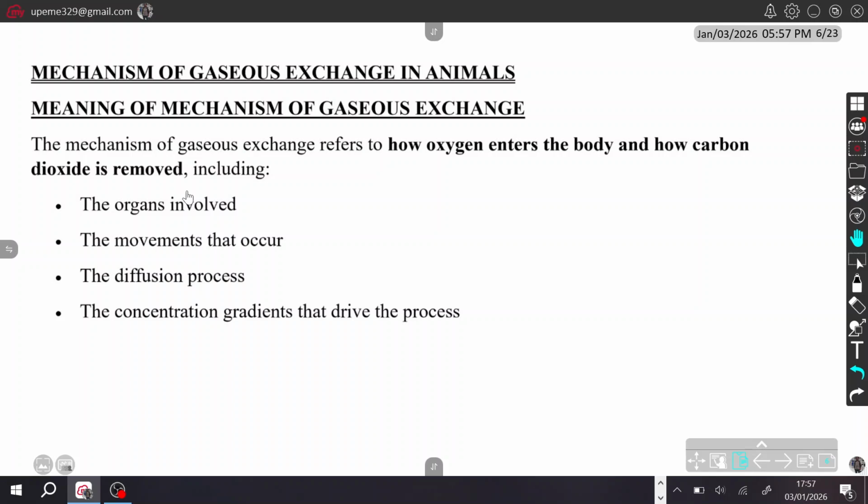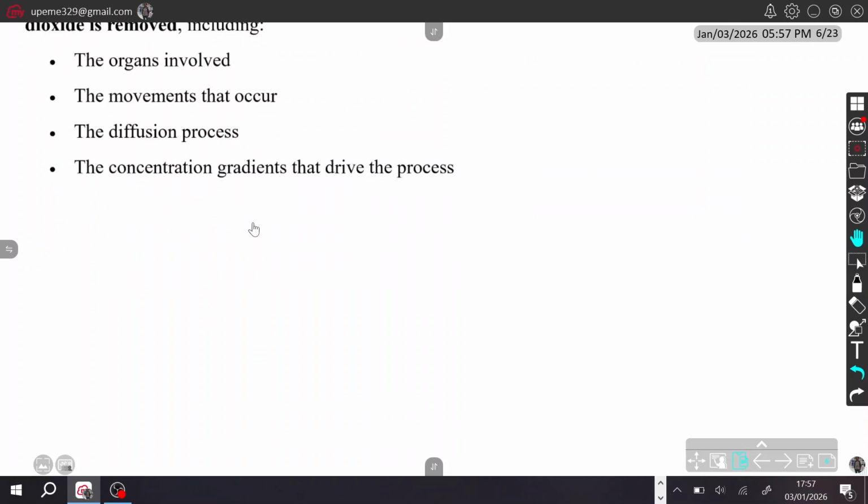So this includes the organs involved, the movements that occur, the diffusion process, and the concentration gradients that drive the process. So all these encompass what we call mechanism of gaseous exchange.